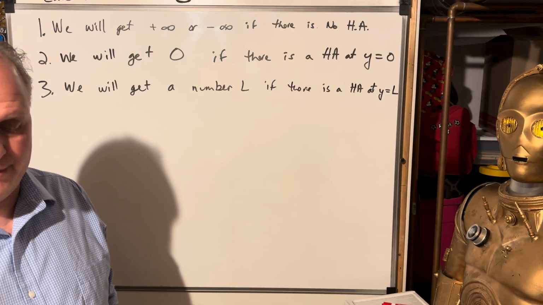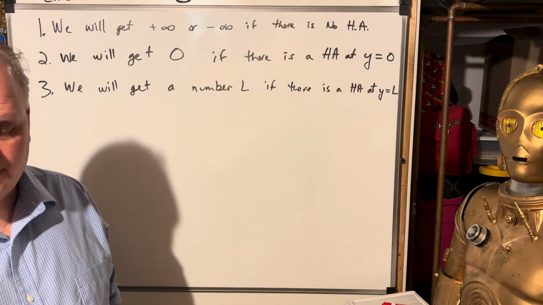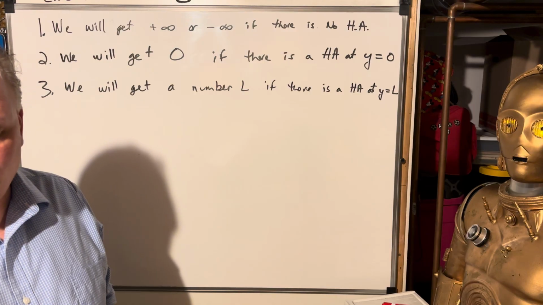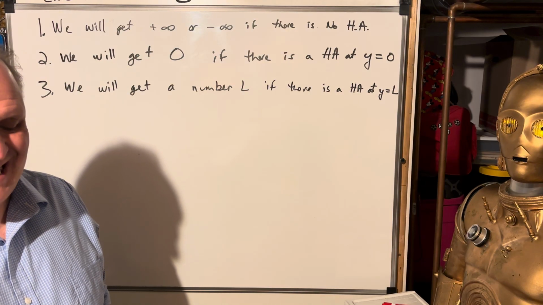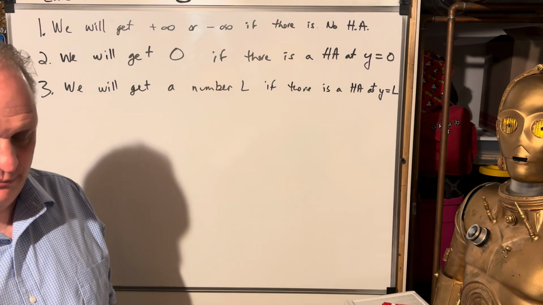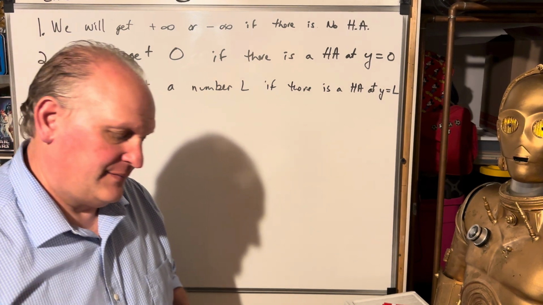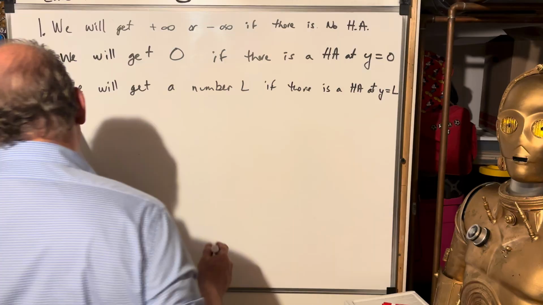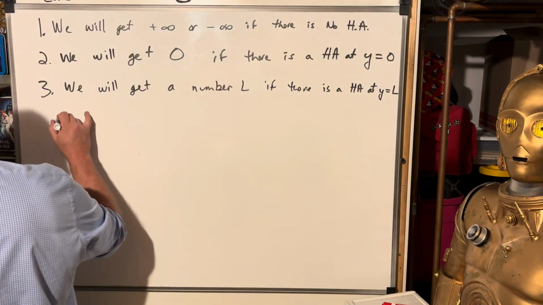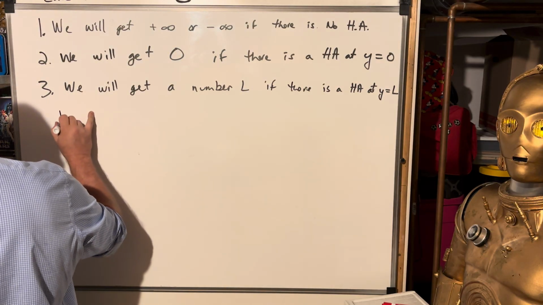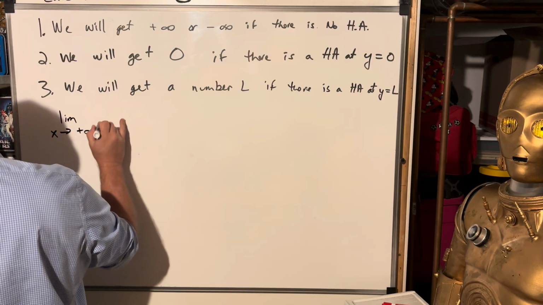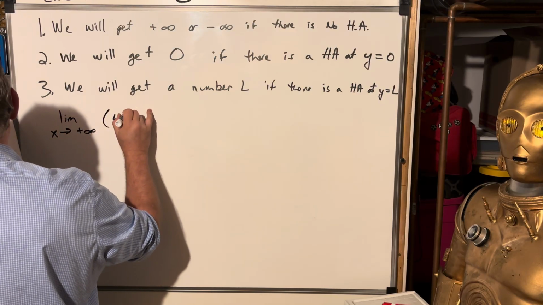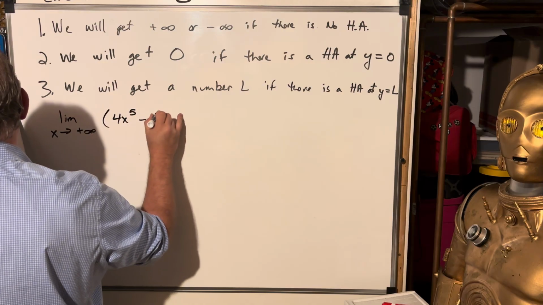Limits of polynomials. To take the limit as x approaches positive or negative infinity of a polynomial, we only take the limit of the highest degree term. So you kind of look at the big dog. You want the big picture thinking. What is going to have the most impact on y?